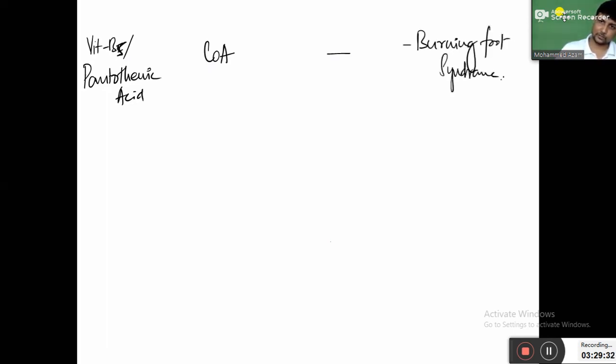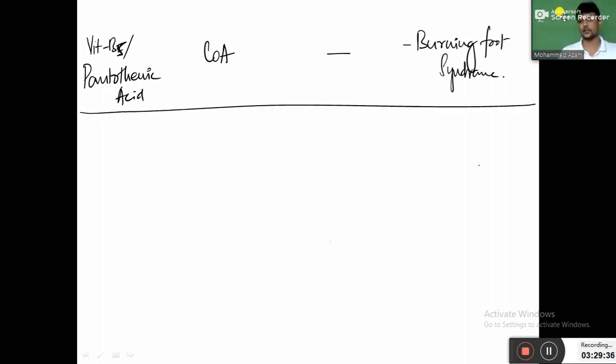The patients will come to you with complaints of a burning sensation in the feet. So in burning foot syndrome, there is vitamin B5 deficiency.